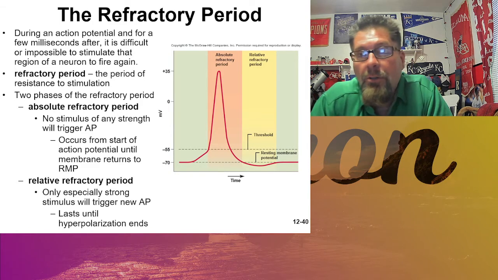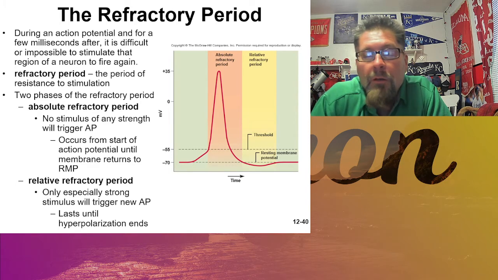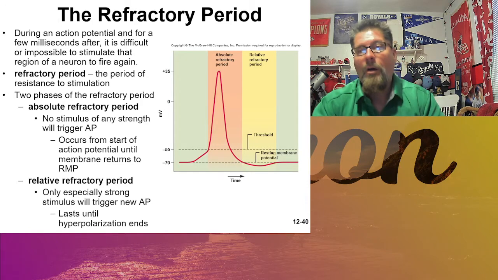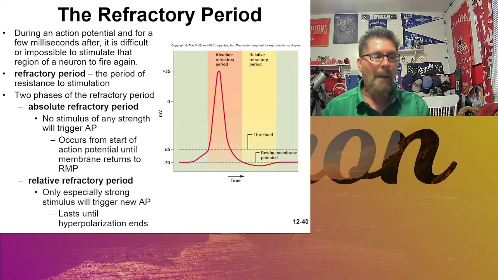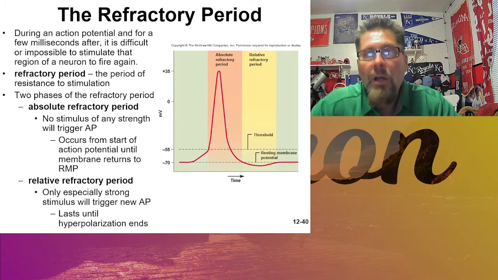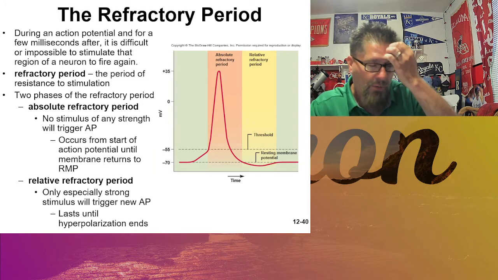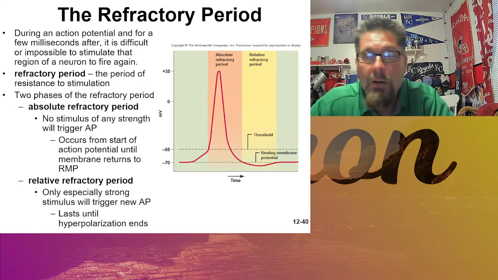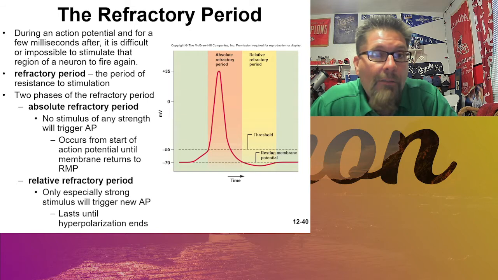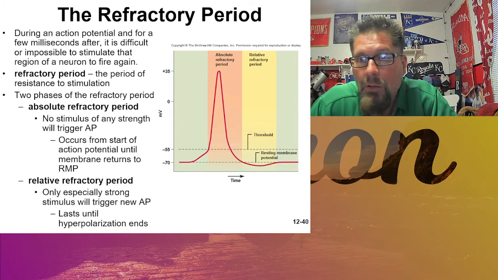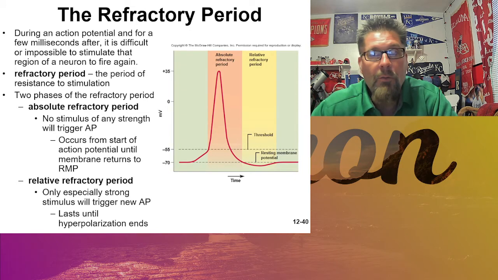So these are the two periods of the hyperpolarization I was referring to, for a few milliseconds. In other words, a very short amount of time. During that hyperpolarization phase, the neuron can't fire again. In the absolute refractory period, nothing is going to stimulate that neuron, and essentially everything is being reset: the sodium, potassiums, any resources.